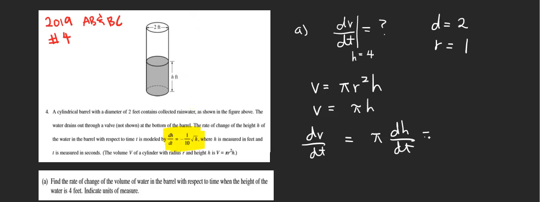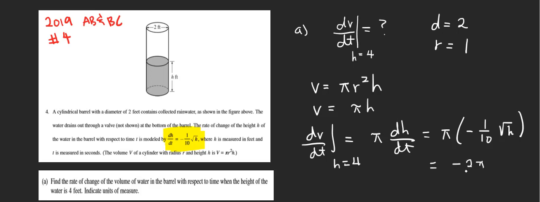Replacing that, we get pi times negative 1 over 10 radical h. Now we're looking for dV over dt when h is 4. When you plug in 4, you get negative 2 pi over 10.